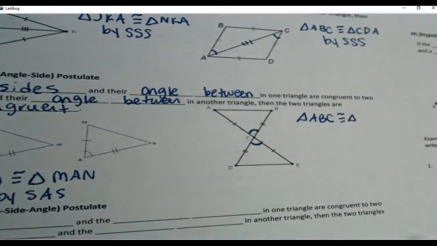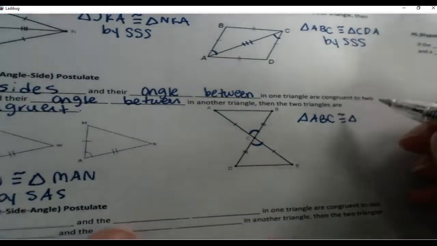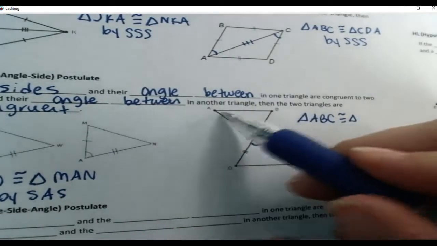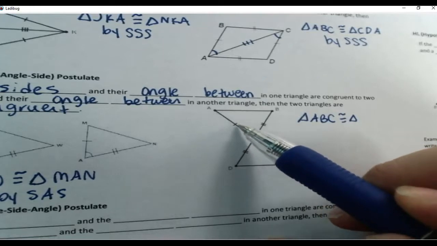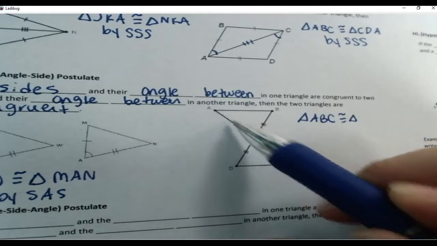So ABC is congruent to DEC. Good. Wait. A, B, C. So in this one, A is between the 1 tick mark and the no tick mark.